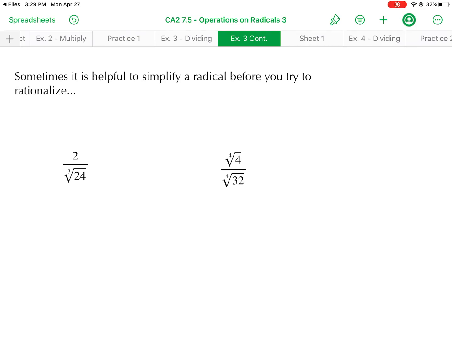These 2 problems, you're going to see it's going to be helpful to simplify your radicals before you end up trying to rationalize, okay? So 2 divided by the cube root of 24.